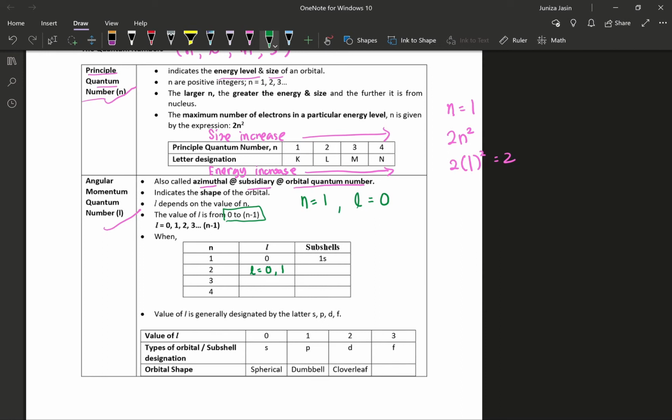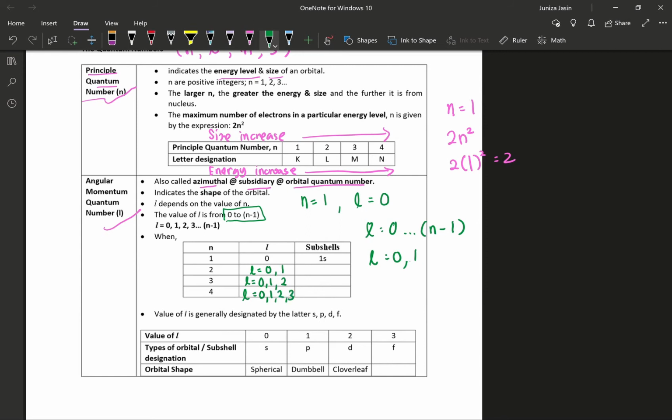Kenapa dia stop dekat 1 je? Sebab L tadi dia kata start from 0 sampai N minus 1. So, L equal to 0. Lepas tu, N kita 2. 2 tolak 1, 1 lah. So, 0 and 1. Okay. And then, next one, N equal to 3. So, L kita equal to 0, 1 or 2. Tapi kalau N equal to 4, L kita 0, 1, 2, 3.